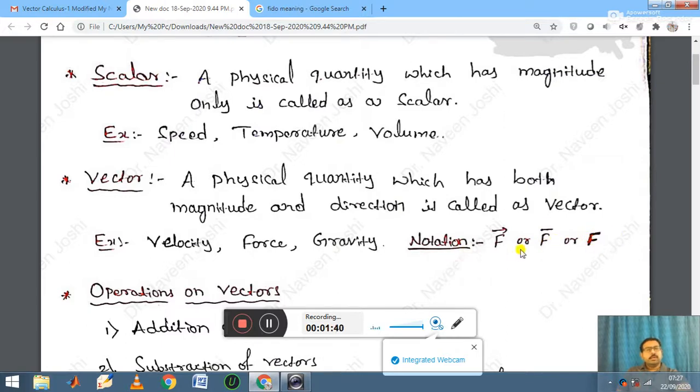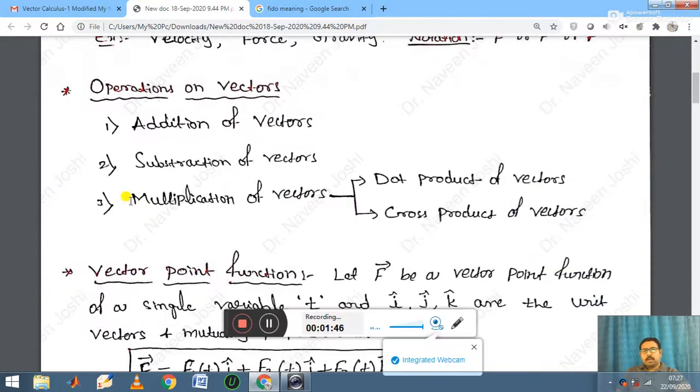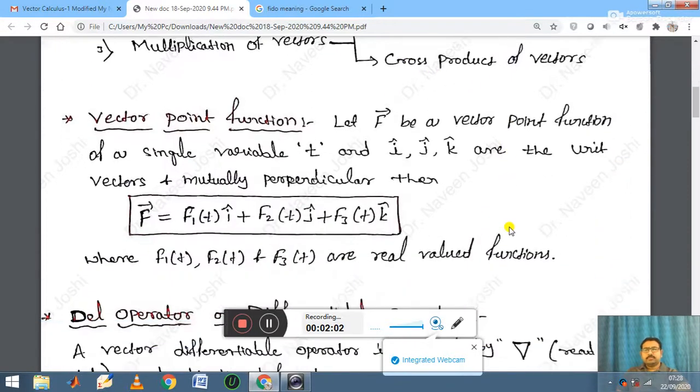All three notations are useful to denote vectors. The operations on vectors we saw in previous videos are addition, subtraction and multiplication. Multiplication has two ways: dot product of vectors and cross product of vectors.